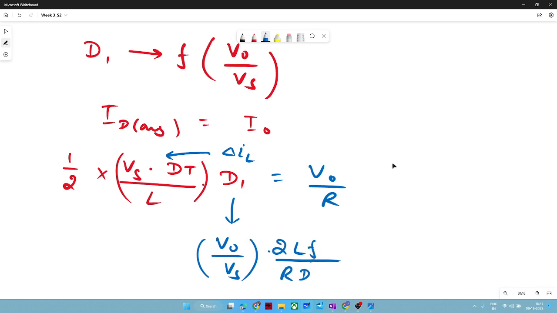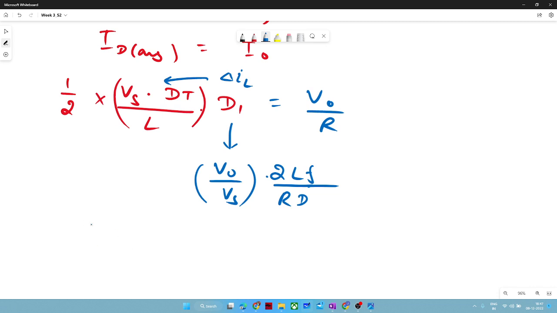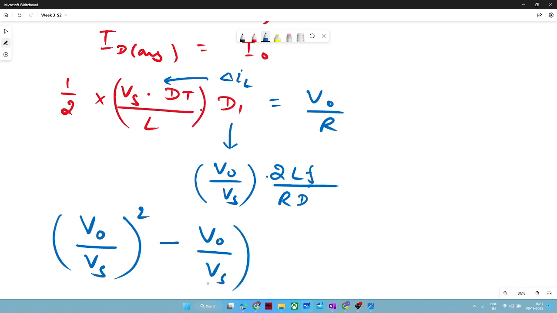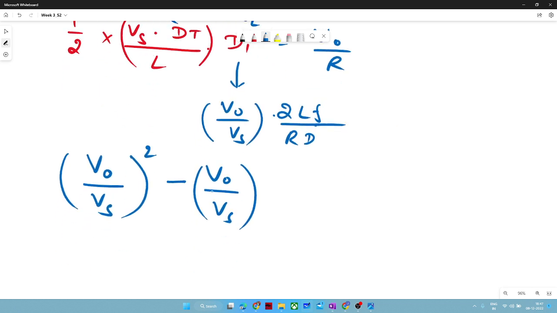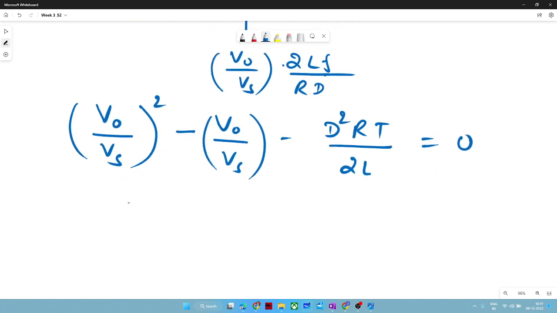If you do that, you will get an equation: V naught by Vs whole square minus V naught by Vs. Now we are eliminating the term D1 and bringing in the term V naught by Vs, which is important for us, which we want to derive, minus D square RT by 2L. If you equate this quadratic equation to 0, you will get V naught by Vs values.